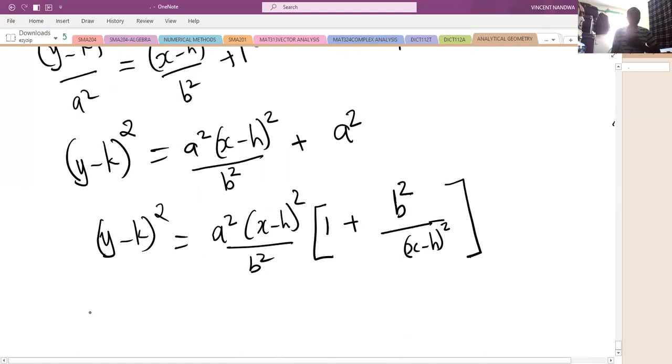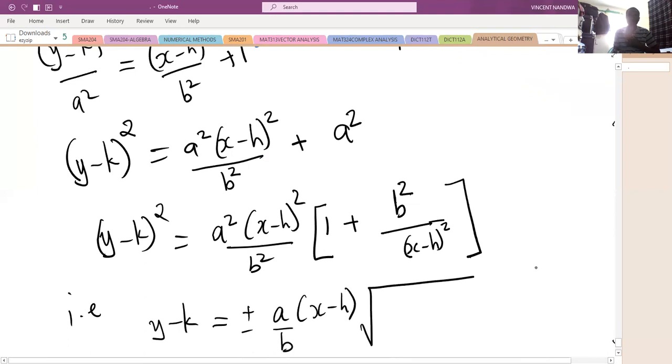So getting the square root on both sides will give you y minus k equals plus or minus a into x minus h over b, square root of 1 plus b squared over x minus h squared.